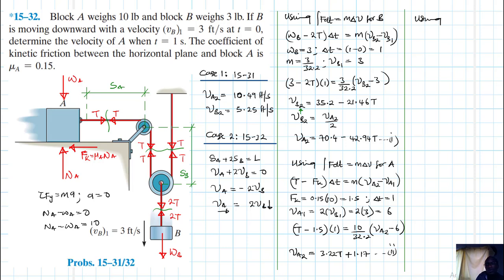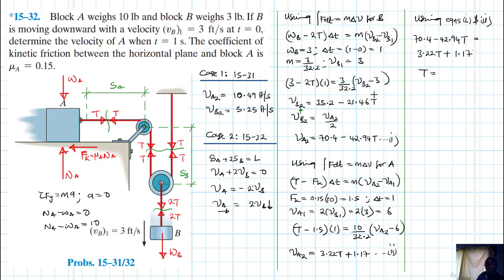So solving equation 1 and 2, we are going to have 70.4 minus 42.94 T equal to 3.22 T plus 1.17.